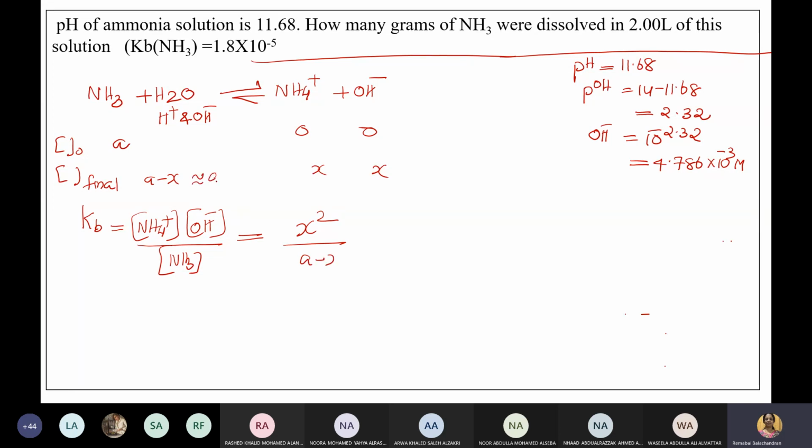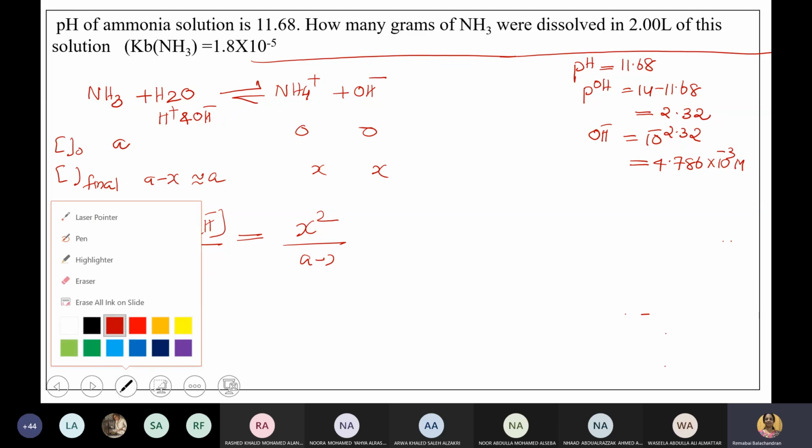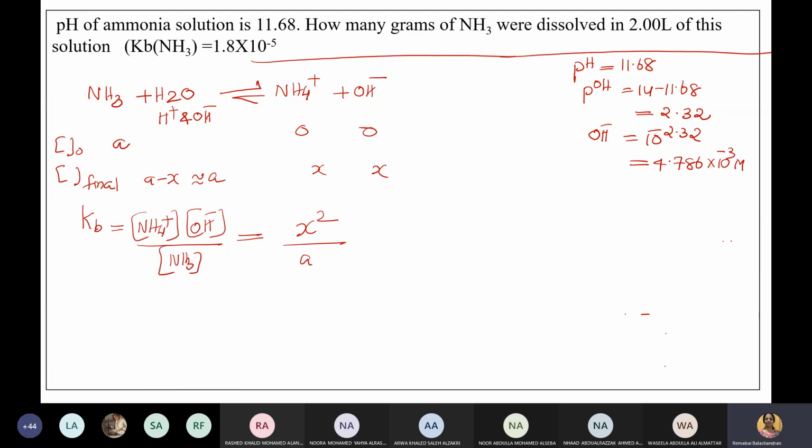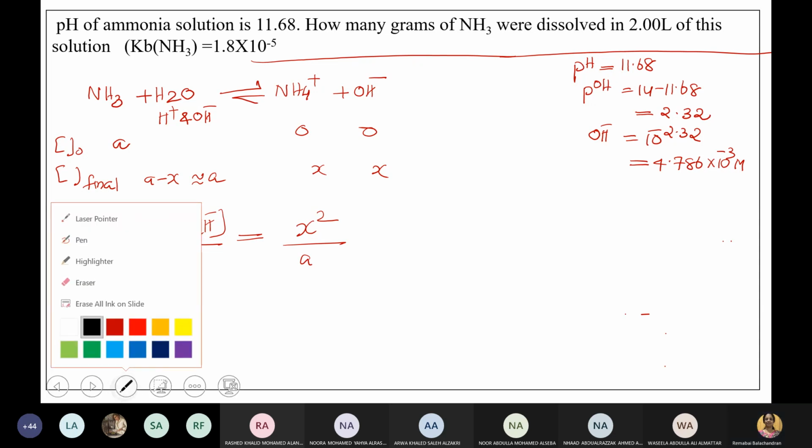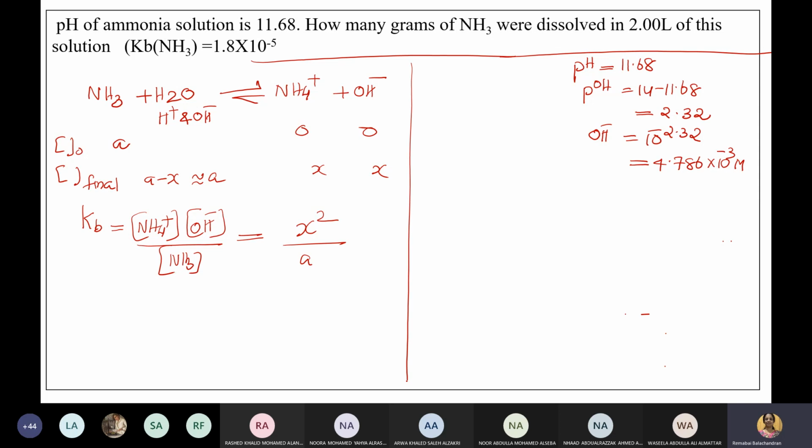So this I am going to write approximately A. Okay, so now, tell me please, next step. Find A. What's the value of KB?